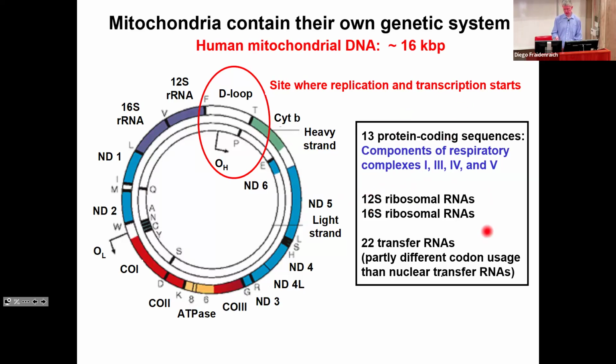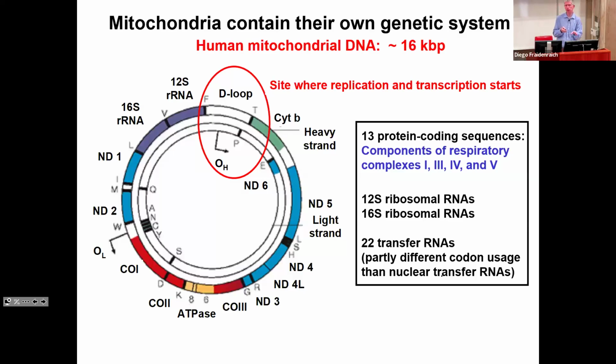There would be ribosomal RNAs, which are part of the ribosomes, and numerous transfer RNAs. Those have a slightly different codon usage, this triple codon, like for example ATG for methionine.